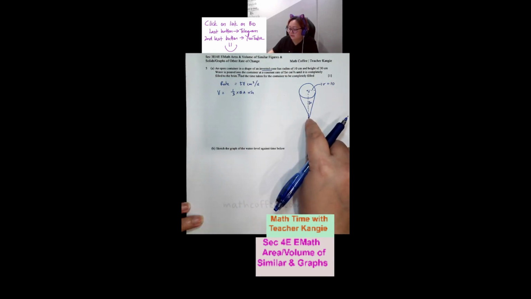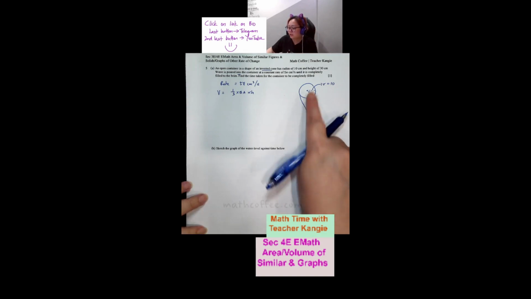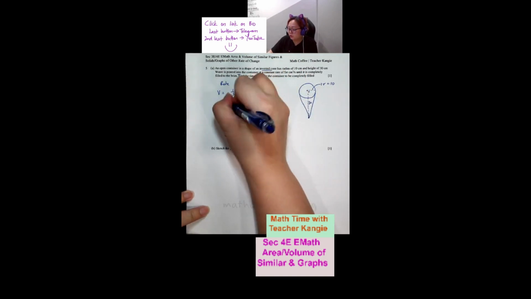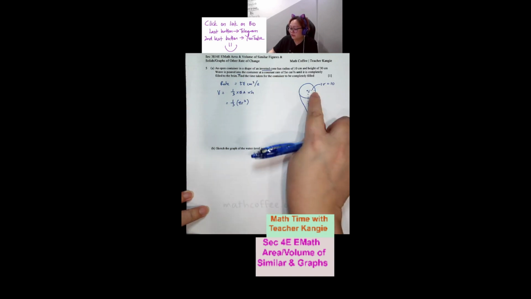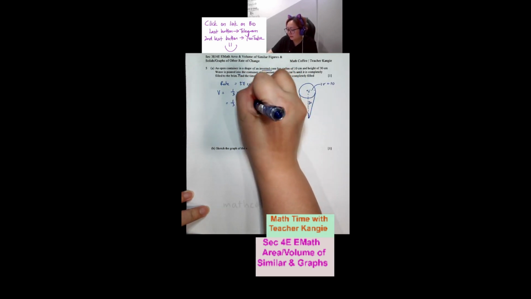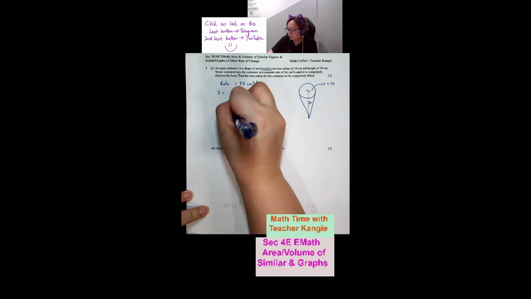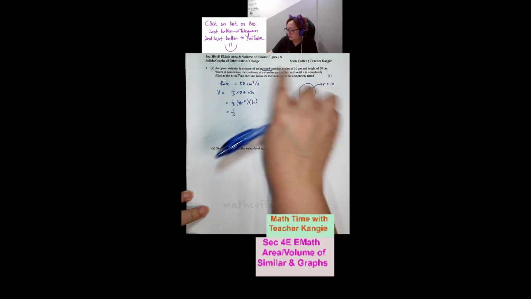Okay, remember there's a vertex. Remember just now the pyramid, we also have a vertex. The base area there is a rectangle, we use length times breadth, correct? This one, the base area is a circle, so it is 1/3 multiplied by pi r square because it's a circle, and then multiplied by the height. So always check whether they ask us to use any value of pi or not.